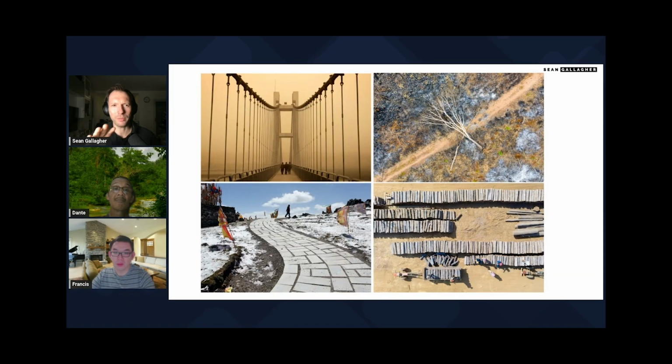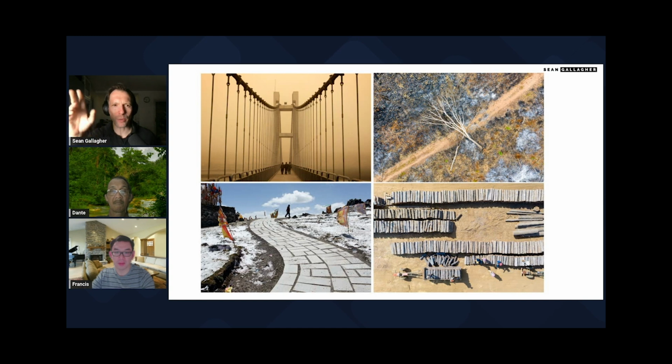And so when I'm looking at my archive, I'm looking for patterns, and I actually find them in so many of my images. And you can see, if we go top left, you can see the geometry of the bridge with all those strong lines, which contributes to that image being really powerful, drawing your attention in, especially to the three figures at the bottom.